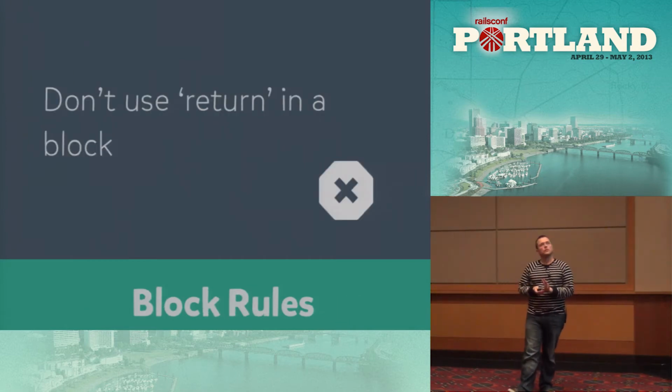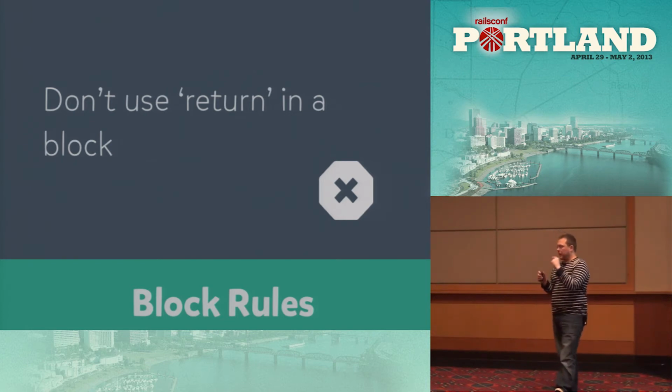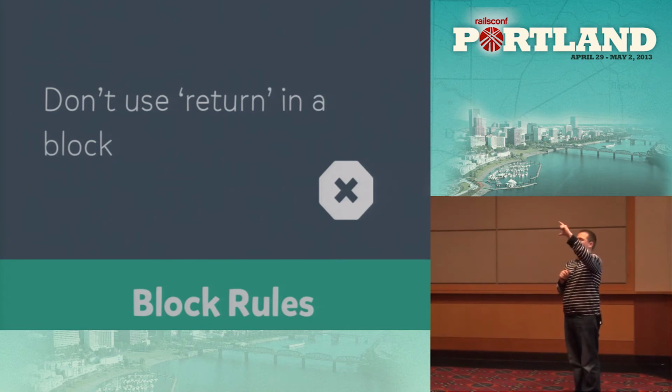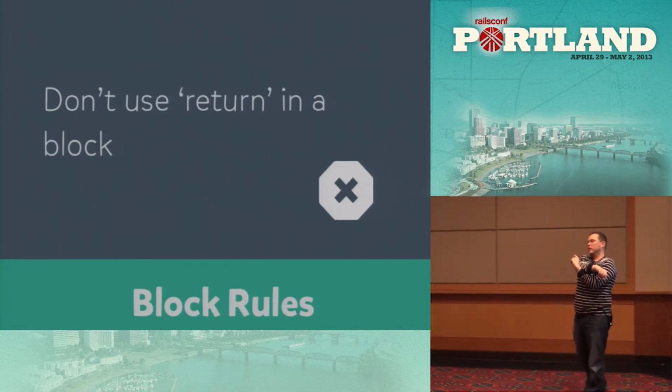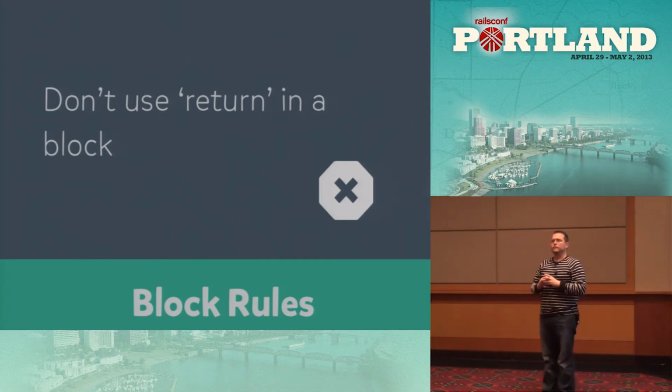Couple advanced tips. Don't use return in your block unless you really mean it. Because what happens is if you imagine that you've got a method that yields to a block that's passed in, if the block has a return, that return is going to jump out of your calling method. It's not going to return inside of the method. It's going to return out of the method. This is almost certainly not what you want.